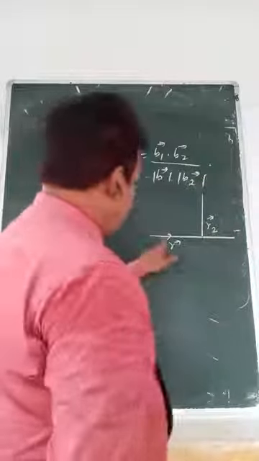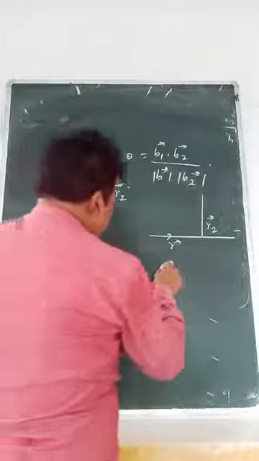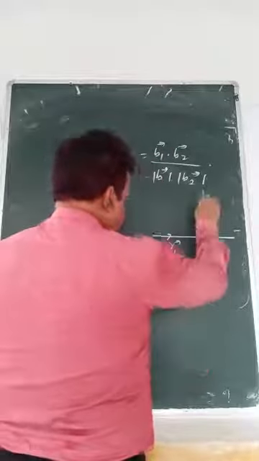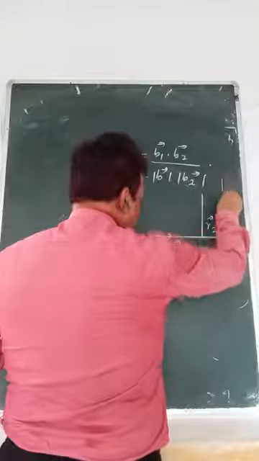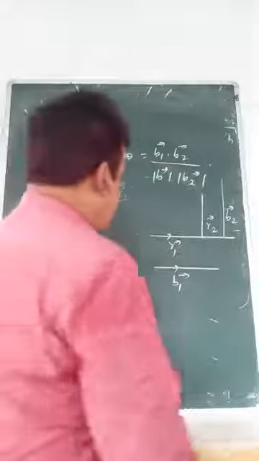Okay, every line has a parallel vector. That means its parallel vector is b1 here. This line parallel vector is b2 here. Got my point?